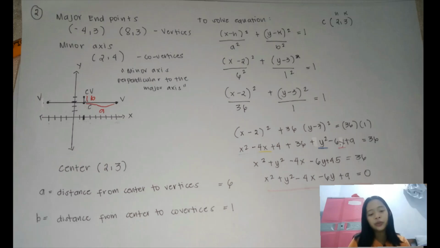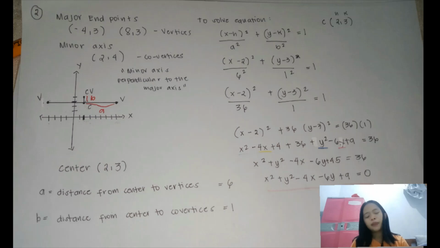To substitute x, we don't have the value of x, so the value of negative h is 2. So giving us x minus 2 squared. So we don't have the value of y. The value of negative k is 3. So y minus 3 squared. So, alam natin ang value ng a natin nga is 6. So 6 squared. And value ng b natin is 1, giving us 1 squared is equal to 1.